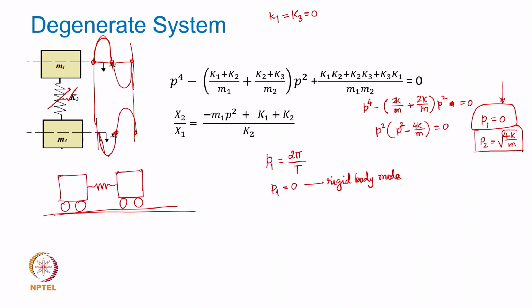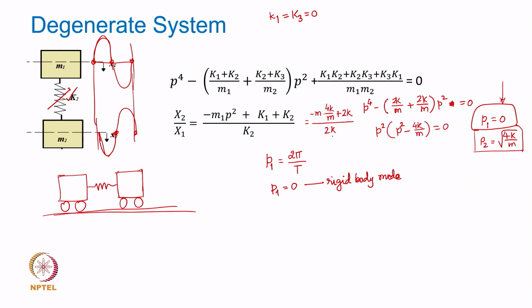You can of course find out by substituting P2 for P in this amplitude ratio. So, minus m P2 squared is going to be 4k over m, and then plus 2k, k1 being 0, and then this is 2k.